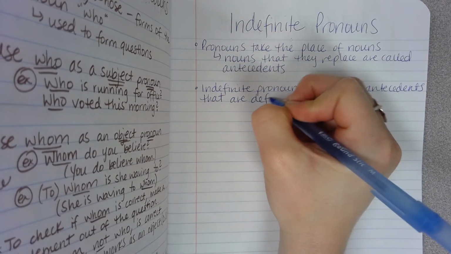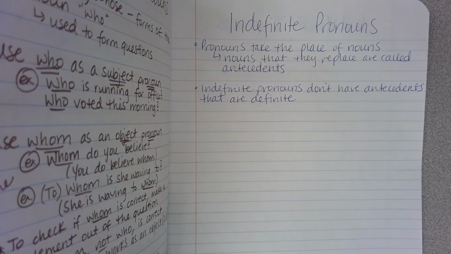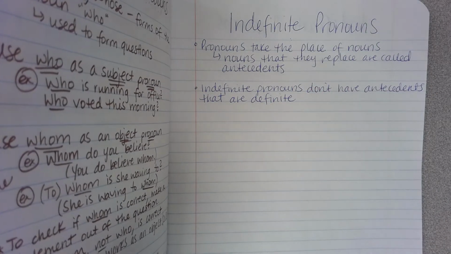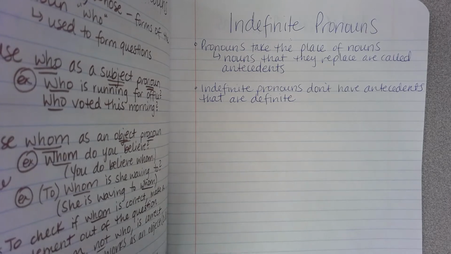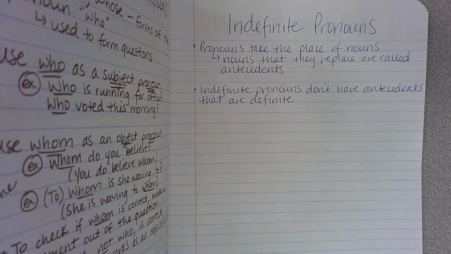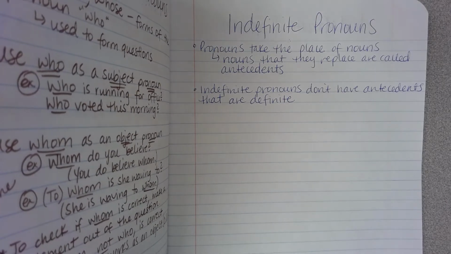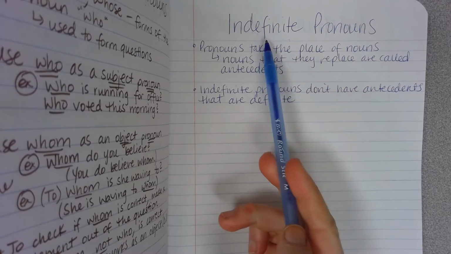In other words, you can't necessarily pinpoint the antecedent in the sentence. We don't quite know. It's not exactly one person or one person's name or one thing. It's not a dog. It's not Mrs. Hurst. It's not Becca. We don't really know who the antecedent is. We know there is one, but we may not be able to actually pinpoint it. So that's why we consider it indefinite.